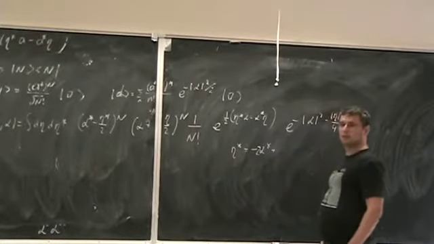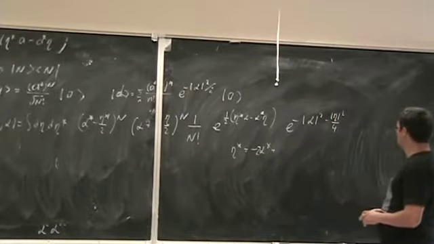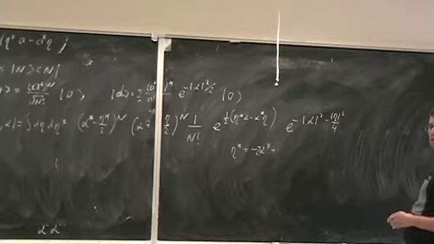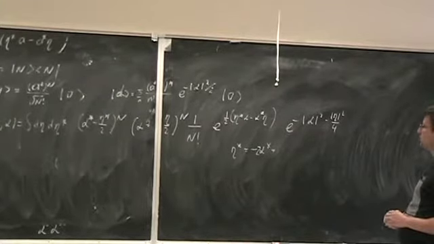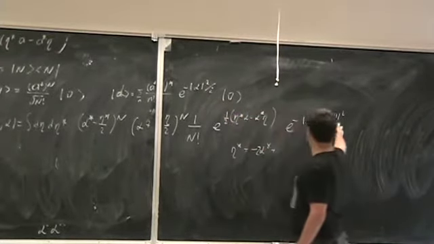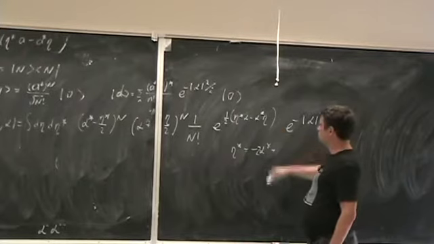Is that e to the power of 1/2 eta star alpha minus alpha star eta going to be gone due to the overlap? Not going to cancel out? Which power? This one? 1/2 eta star alpha minus alpha star eta.